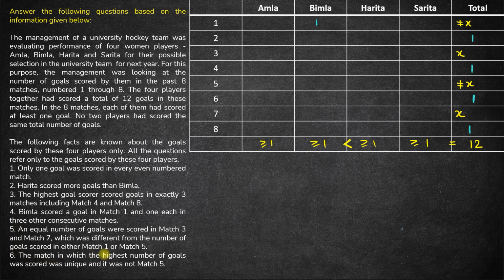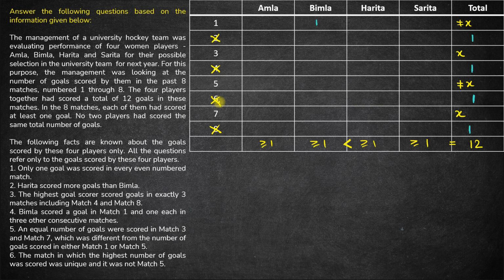Next, the match in which the highest number of goals was scored was unique and it was not match 5. So the highest number of goals was a unique number. So obviously it cannot be 1, because 1 is not a unique value. It cannot be X either. So matches 2, 4, 6, 8 cannot be the matches where the highest number of goals were scored.